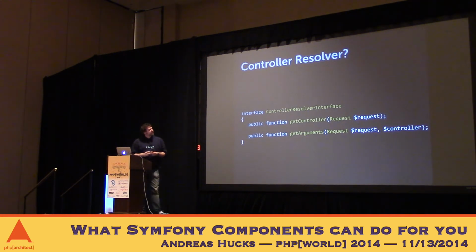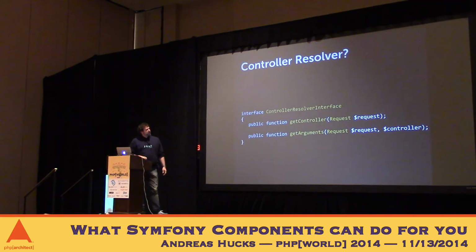The point is that the controller resolver is there to look at that information in this _controller value, and is able to get back with a real controller instance, a callable. So this method getController, all it needs to do is hand back a callable controller, or null if it doesn't find any, which of course means you should display some kind of 404 page.